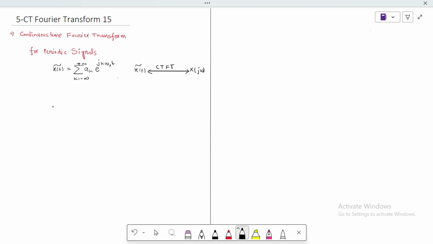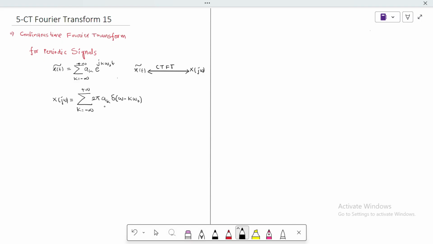Directly here I'm writing it, you should remember: the Fourier transform x of j omega equals the sum of 2 pi ak into an impulse train in terms of omega minus k into omega naught, from k equals minus infinity to plus infinity.